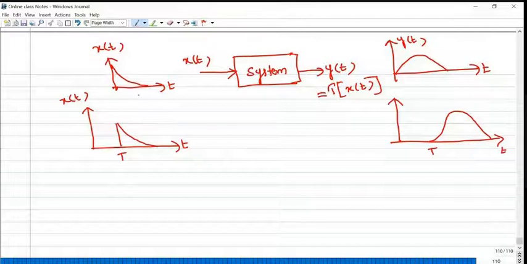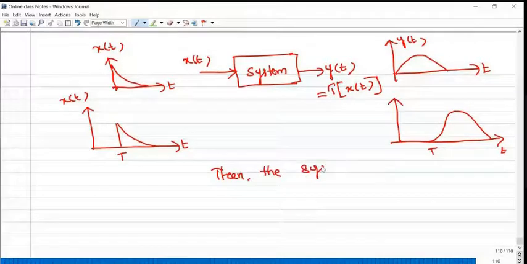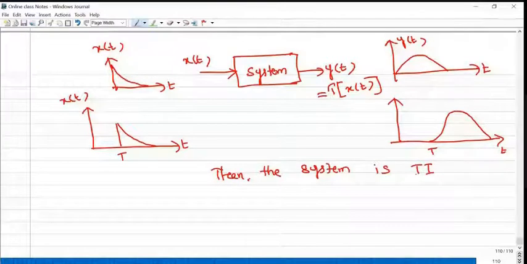Suppose my input is delayed by some amount of time, and the output of the system is also delayed by the same amount of time capital T. Then the system is said to be a time invariant system. If this property is not satisfied, then the system is said to be a time variant system. So this is the definition of time invariant system.